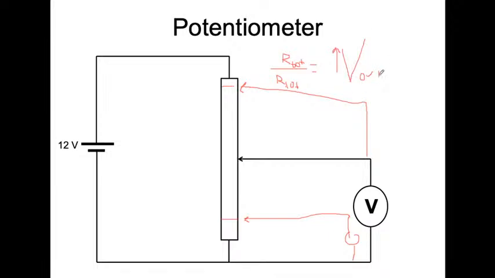So potentiometer, right? Think of it like an adjustable or like a sliding resistor, right? And you can change this contact point of our parallel voltmeter, right? And the output voltage will vary accordingly.